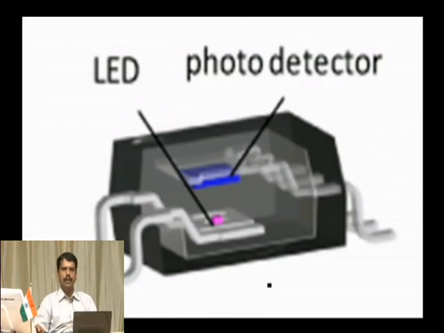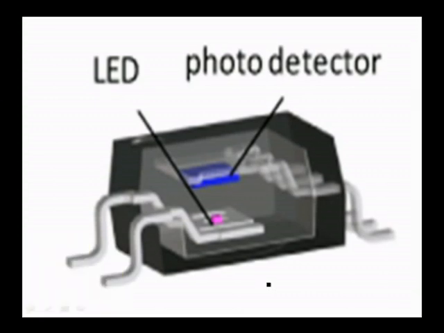So an LED, this is a simple optocoupler. LED source, and this is a photodetector. The only connection between these two is through light. That is why it is the best isolator. Very high insulation will be there between the input circuit and the output circuit.